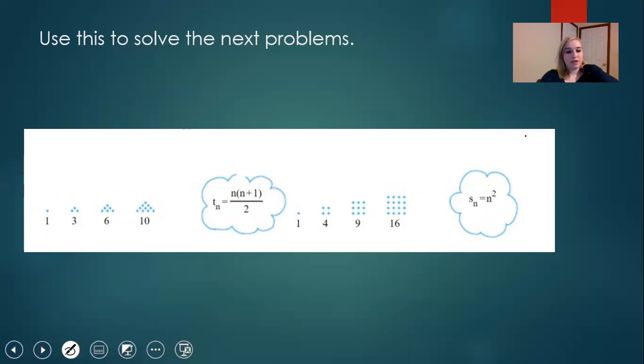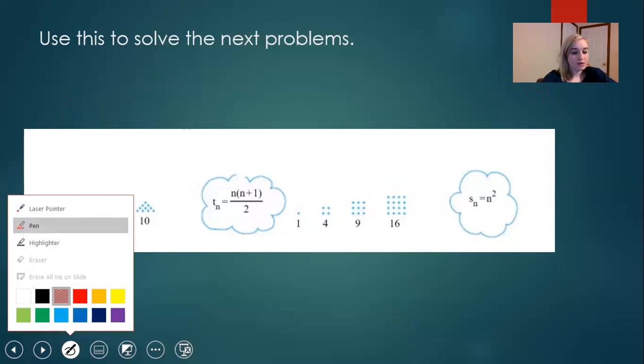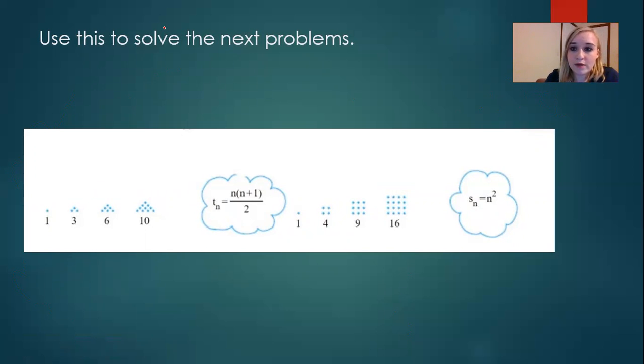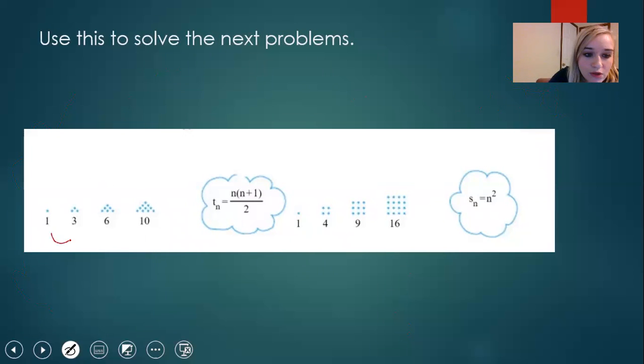Okay, so we're going to use this to solve the next few parts of this problem. So when we're looking at this, it looks a little complicated to me, to be honest, but all we're trying to do is find a pattern. So the way that we do that is by looking and seeing what we've got. So here it starts out with 1, 3, 6, 10. And I can tell here that they're adding 3 here. They're adding 3 here.